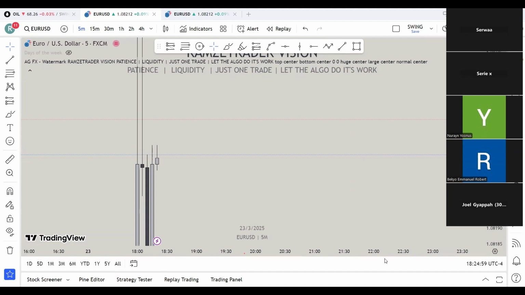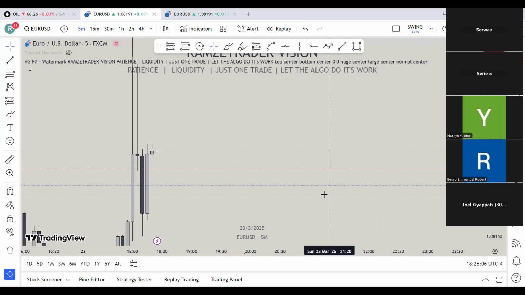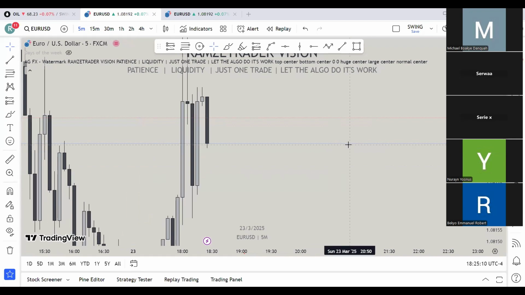This is what the market is trying to say. If this is the price they want to buy it at... Okay, the market is open, 1.08919, and they want to sell it at 1.08201.